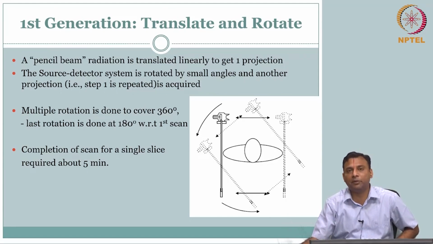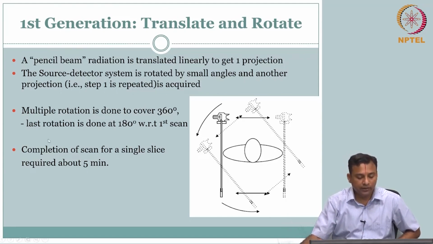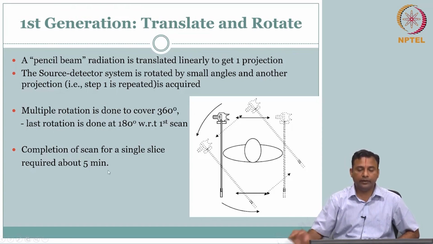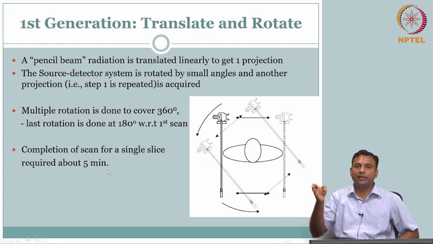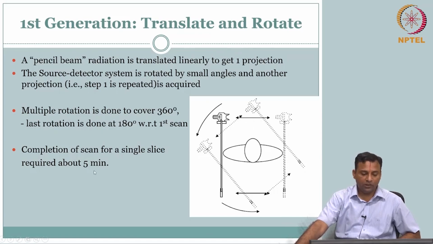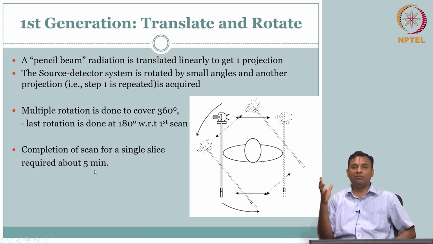So you had some acceptable image quality to begin with, but the major challenge was that you have to really rotate and translate. To gather this mechanical translation and rotation, it took time. How much time? It was on the order of about 5 or 6 minutes.